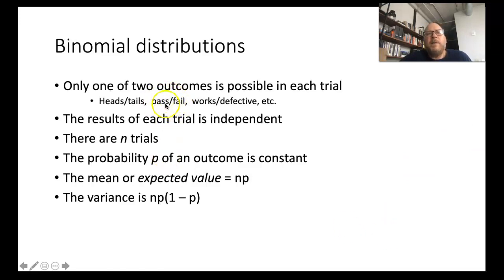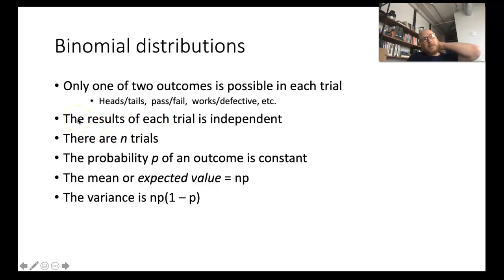It could be like how many people pass a test versus fail it. In a factory, in manufacturing, they do this to say how many observed pieces are working correctly or defective. And in all those cases, what you're doing is you pick one outcome, such as heads or pass, and you do a test on that.